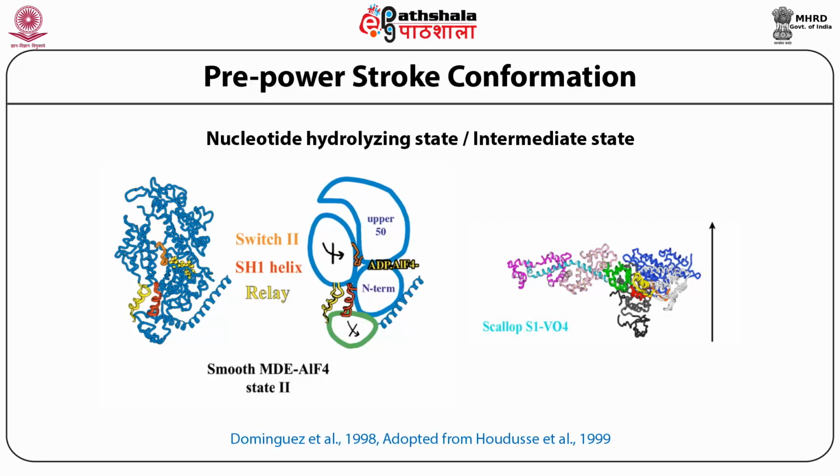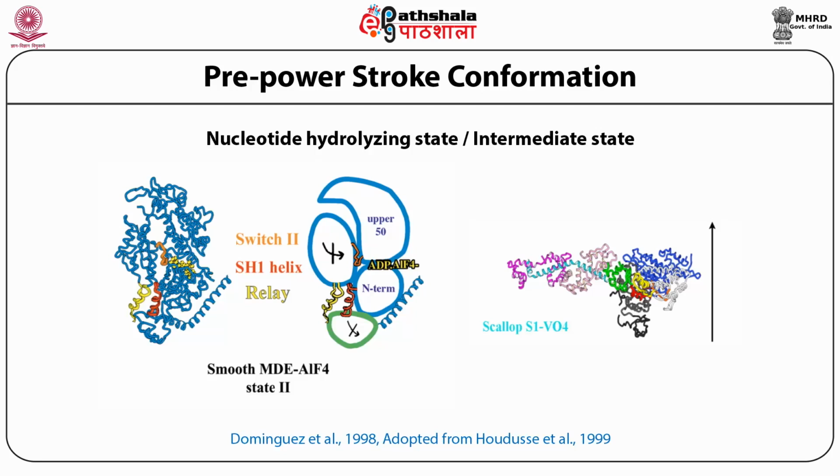The scallop one had 2 light chains, but the smooth muscle myosin had only 1 light chain. But both the structures give very clear changes as we have seen from the contractile cycle.